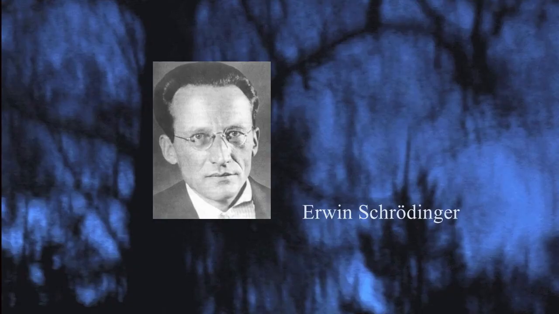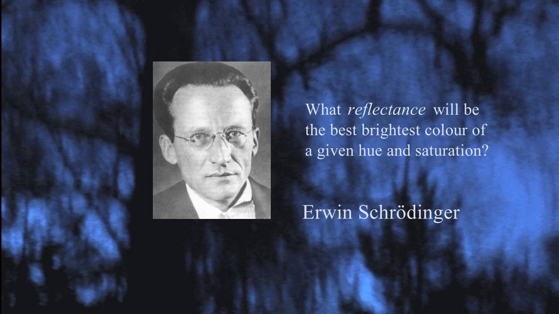The issue was considered by the physicist Erwin Schrödinger. In his younger days, at the University of Vienna, he had colleagues lecturing in colour theory and doing research into the properties of artists' pigments. He set himself the task to find out theoretically what reflectance would give the best, brightest colour of a given hue and saturation.